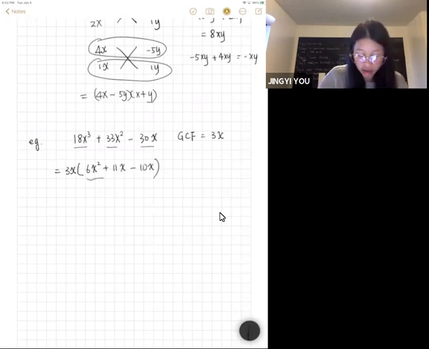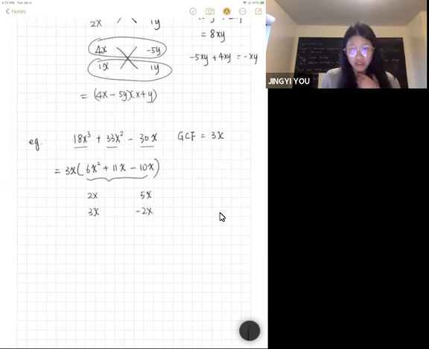Okay, now this part, you can use the cross multiply method to do the work. So you have 6x squared, which means you have 2x, 3x, negative 10. Our goal is to get 11. So that means I want the big number to be a positive. So I have 5x times 2x, negative 2x is equal to negative 10x.